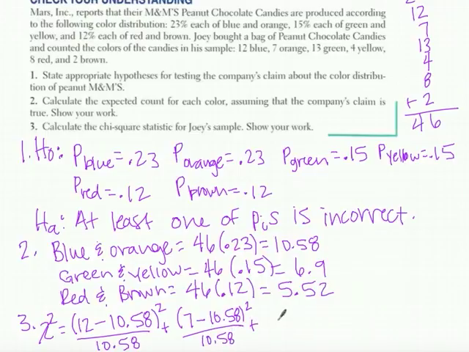Then we would do green. In the bag, there were 13 green M&Ms. The expected is 6.9, so 13 minus 6.9 squared over 6.9. Then the yellows. In the bag, there were 4 yellows, so 4 minus 6.9 squared over 6.9.